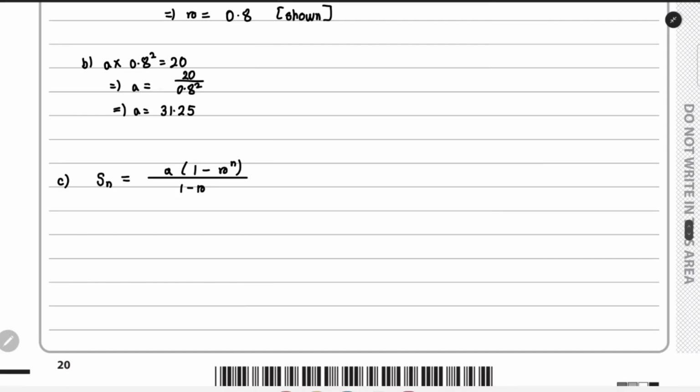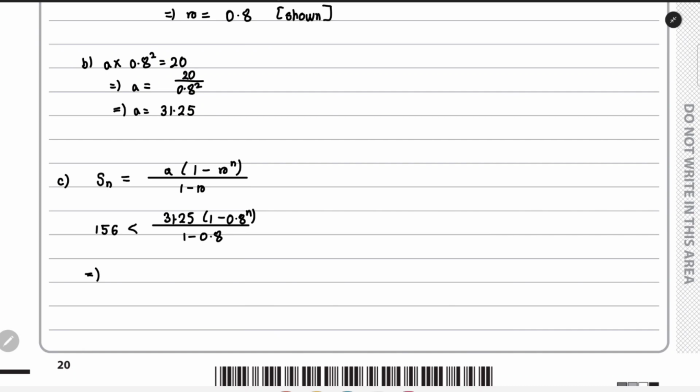In this case, this must be greater than 156. The value of a is 31.25, times 1 - 0.8^n divided by 1 - 0.8.